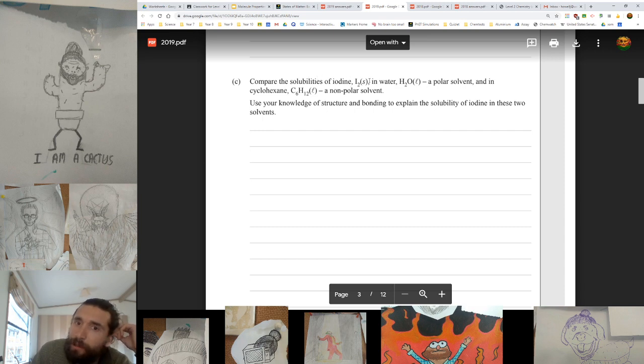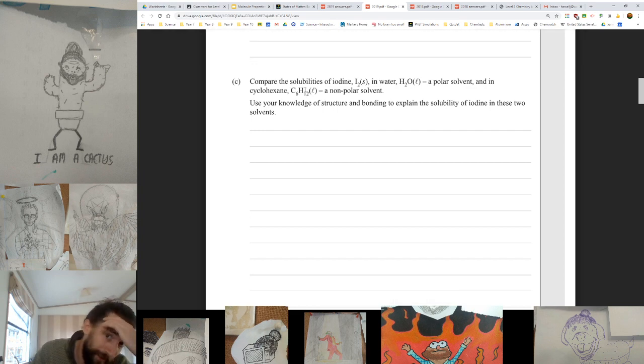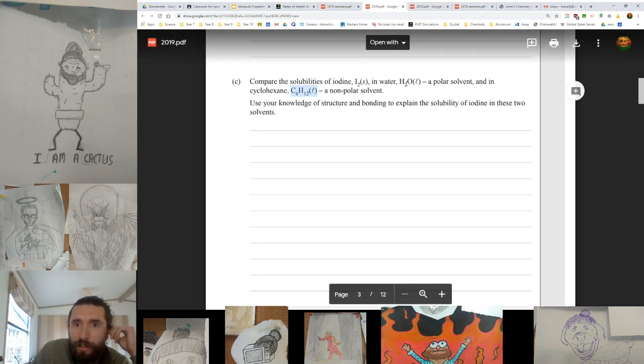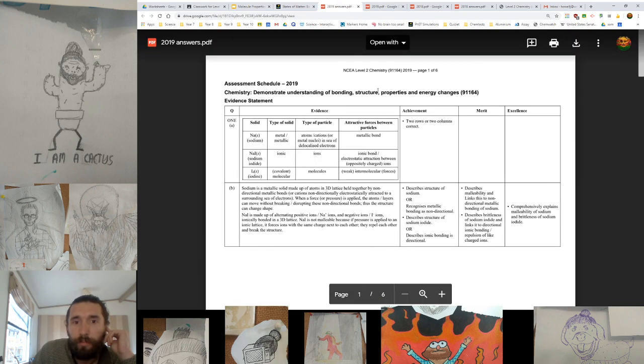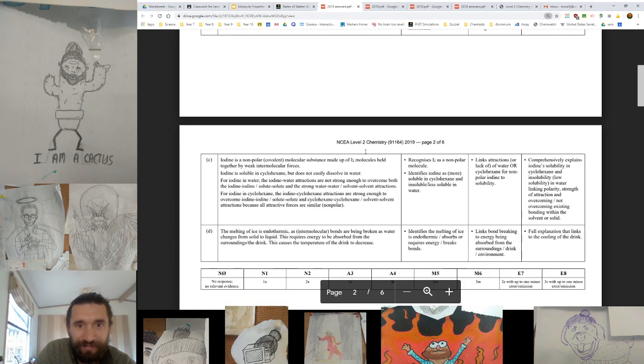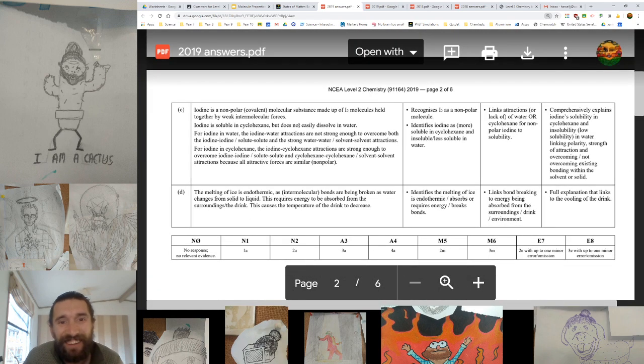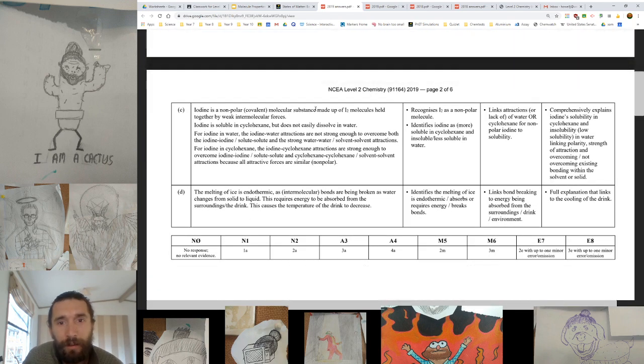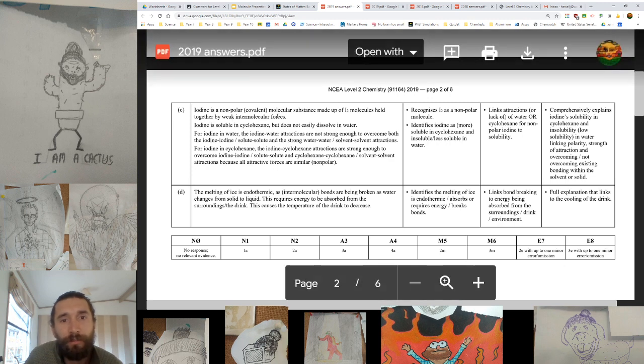And then I can say, because it's non-polar, it is more likely to dissolve in the cyclohexane. Well, it will be more soluble in the cyclohexane, which is non-polar, than in the H2O, which is polar. Let's see what they say. They probably go into a bit more detail. So iodine is a non-polar covalent molecular substance made up of I2 molecules held together by weak intermolecular forces.